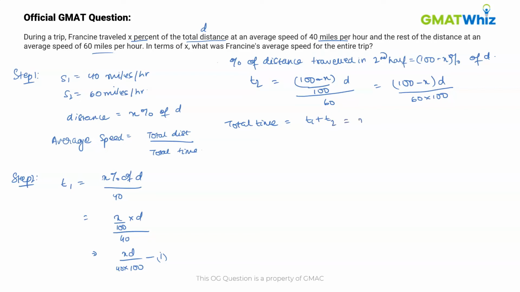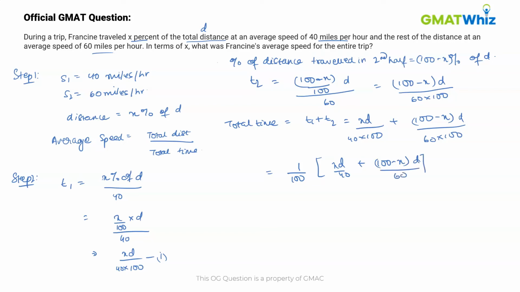Now this is equal to xd divided by 40 times 100 plus 100 minus x times d divided by 60 times 100. On simplifying this, if I take 100 common, I have xd by 40 plus 100 minus x times d by 60.